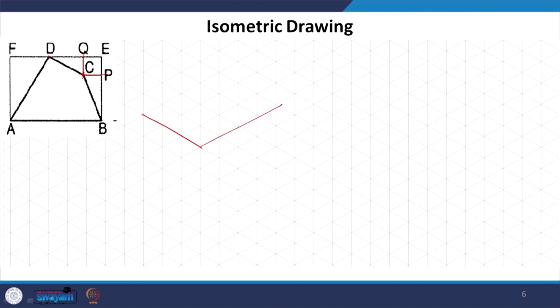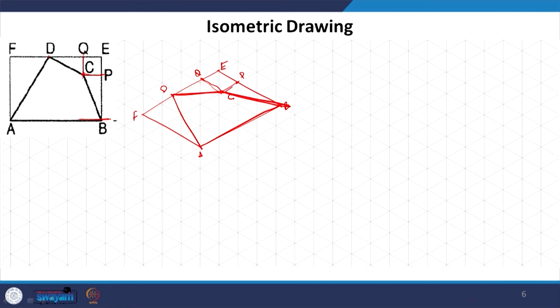So, we will draw this reference rectangle, which is A, B, E, F. Now you have D already, we mark Q and P, and when you connect Q and P, because Q is parallel to one of the axes and P is parallel to another axis, we arrive at C. Now you can draw your quadrilateral.